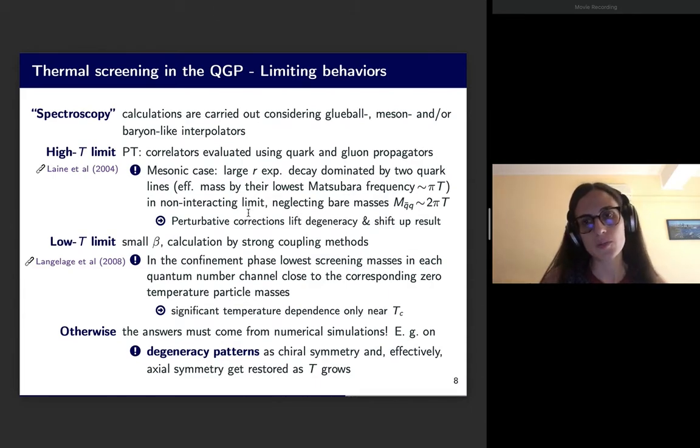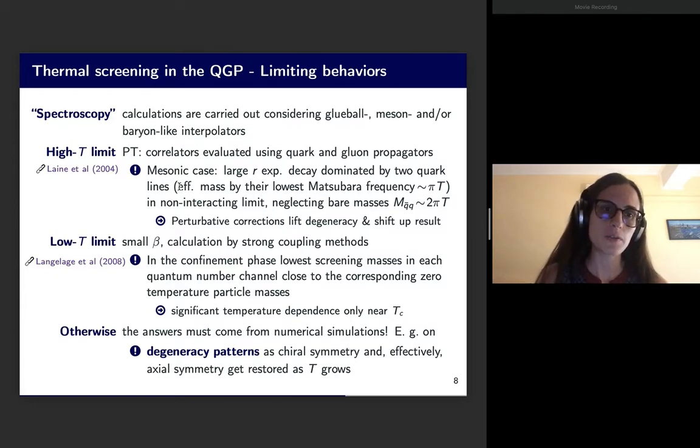Then the first two things one wants to clarify are the limiting behaviors, the high temperature and the low temperature one. At high temperature, we have perturbation theory telling us that correlators can be evaluated by using quark and gluon propagators.